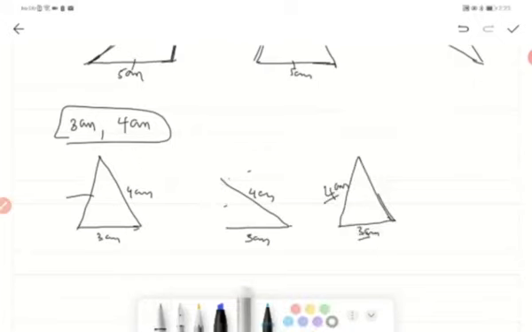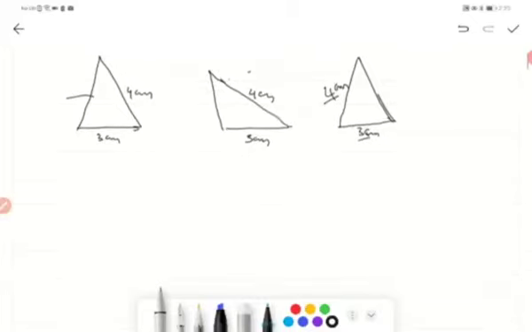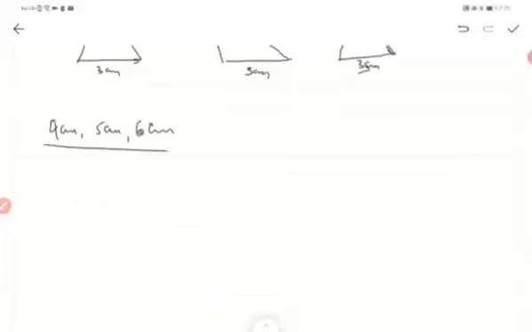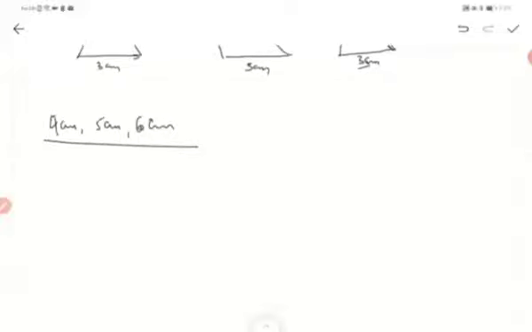Now if all three side measurements of a triangle are given, and three of us are drawing a triangle, the measurements are 4 centimeter, 5 centimeter and 6 centimeter. All of us are drawing with these measurements. First I will take the base as 5 centimeter.